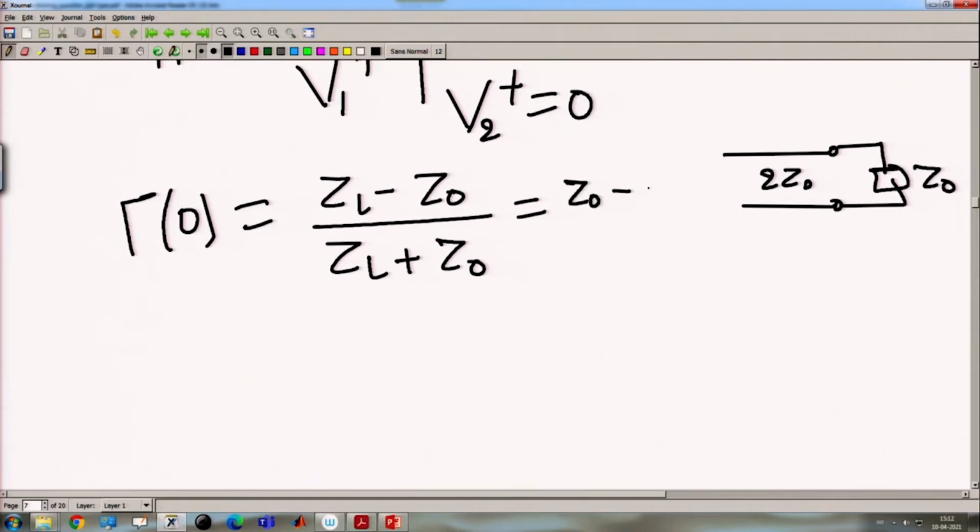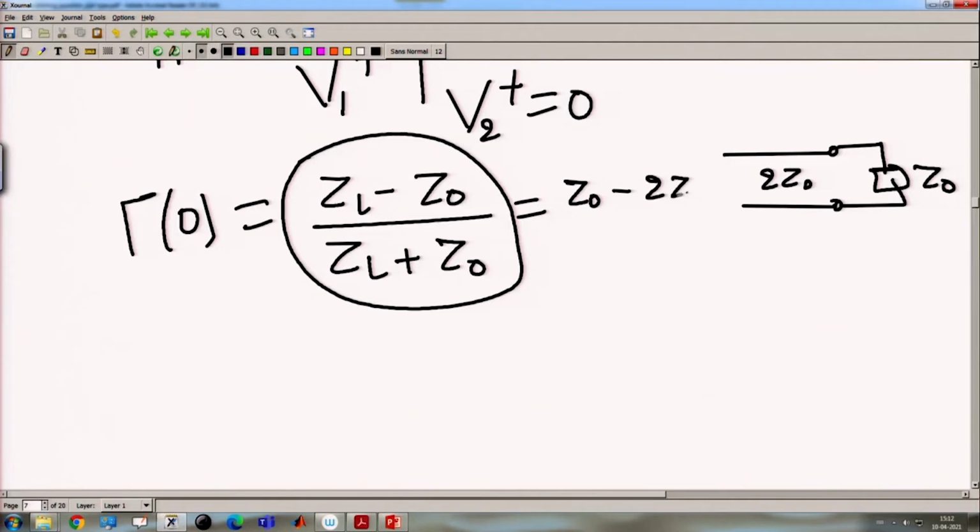Z naught, but this is the original formula. So here ZL will be Z naught and Z naught in the formula will be 2 Z naught: gamma 0 equals Z naught minus 2 Z naught divided by Z naught plus 2 Z naught.